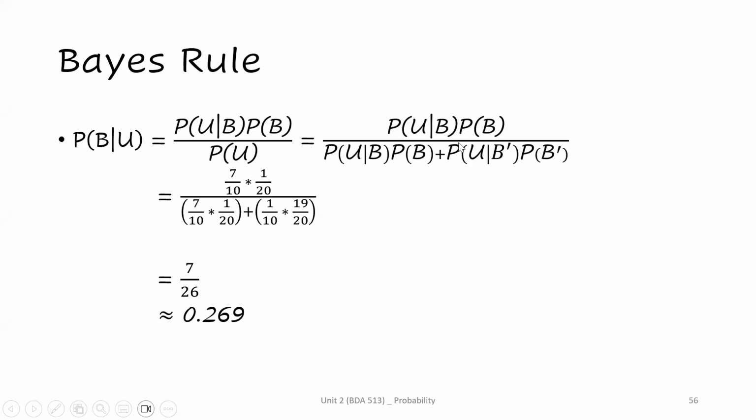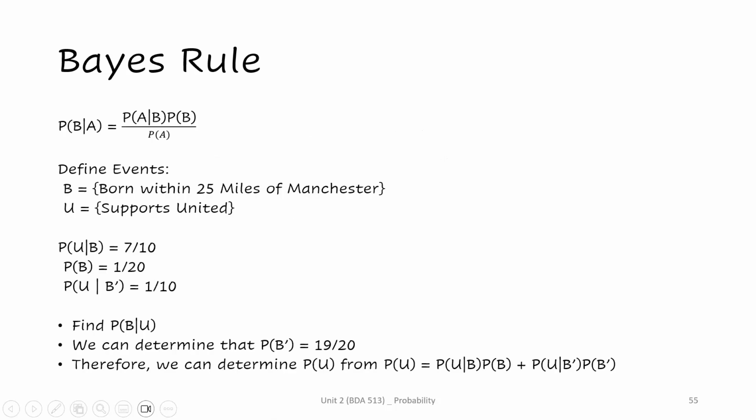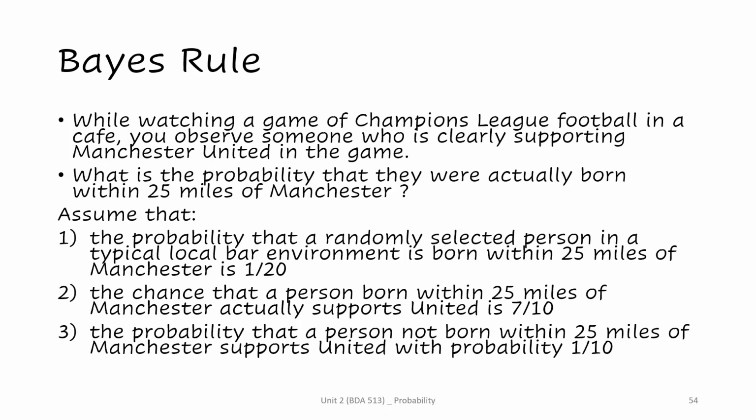If you look at it carefully, it's just the proportion of those who were born within 25 miles divided by the total number of those who were born within 25 miles and those who were not, but all support Manchester United. So you see that this is basically the same as the intersection. Do you remember the intersection? We said it here. Was it here?